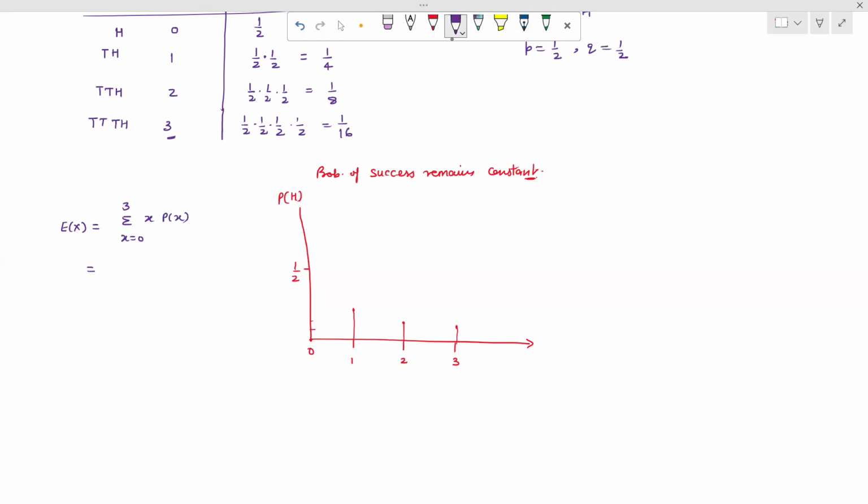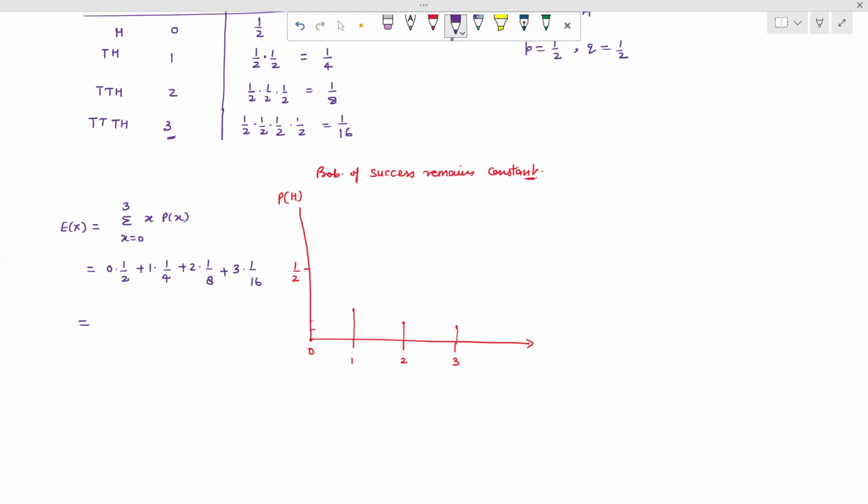So we write xi pi as 0 into probability 1 by 2, plus 1 into probability 1 by 4, plus 2 into probability 1 by 8, plus 3 into probability 1 by 16.